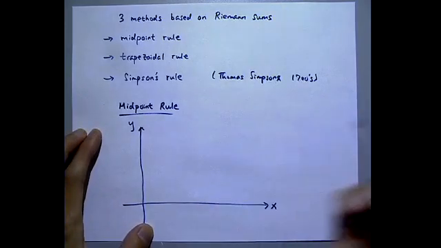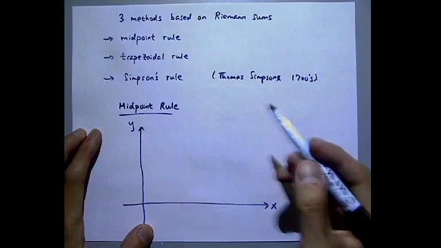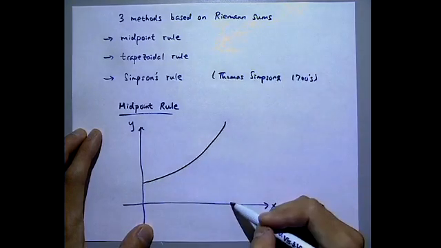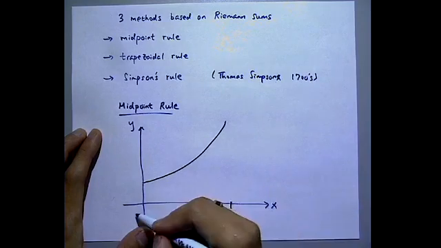So let's use e to the x squared as an example. It looks something like that, right? Say this is 1 and this is 0.